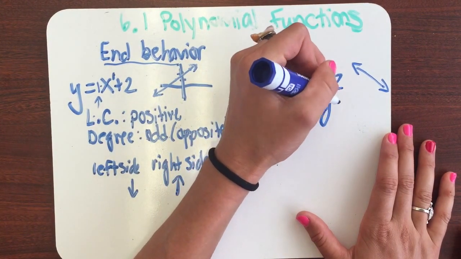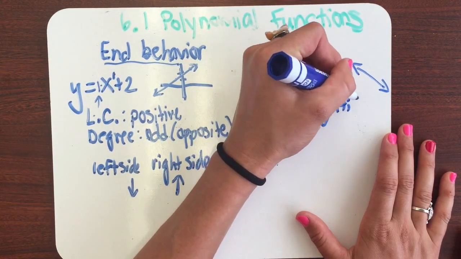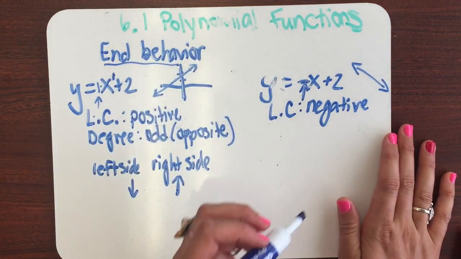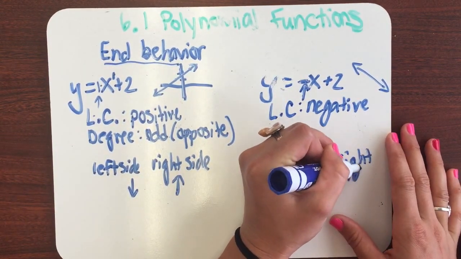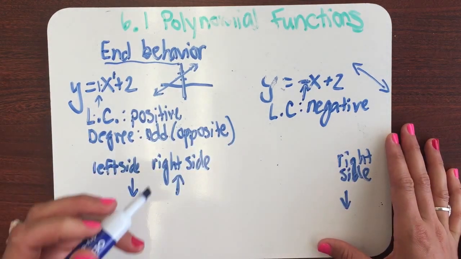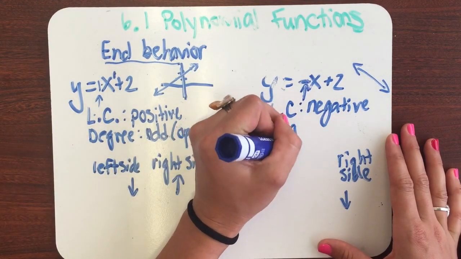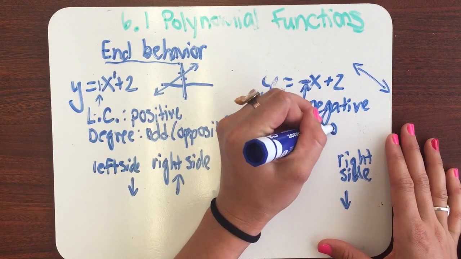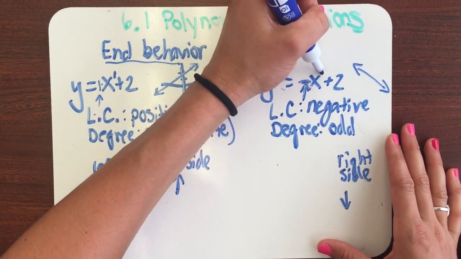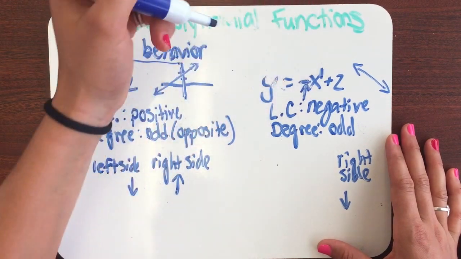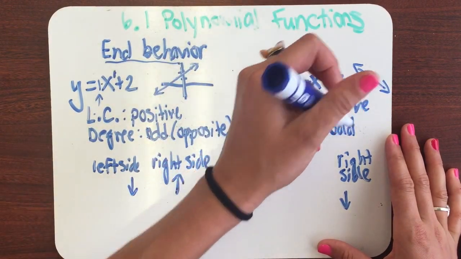So when the leading coefficient is negative, the right side always goes down. And then we look at the degree. The degree is odd here because the degree is the highest exponent, which is 1, and 1 is odd.